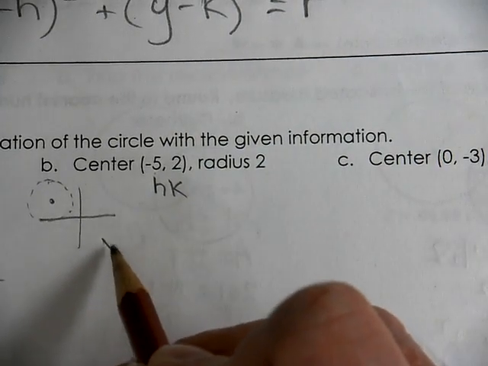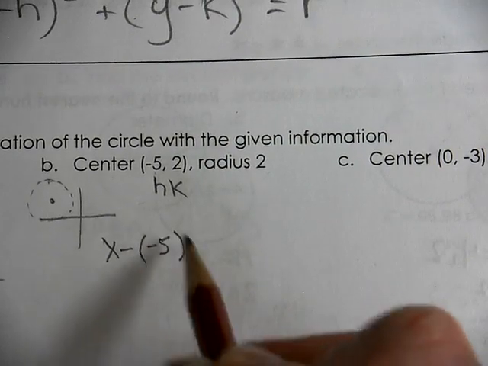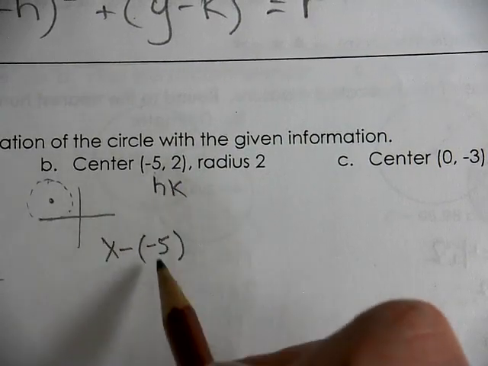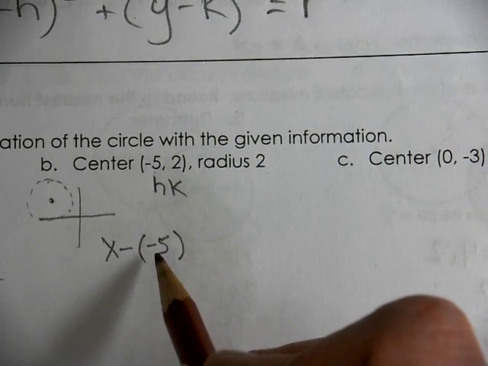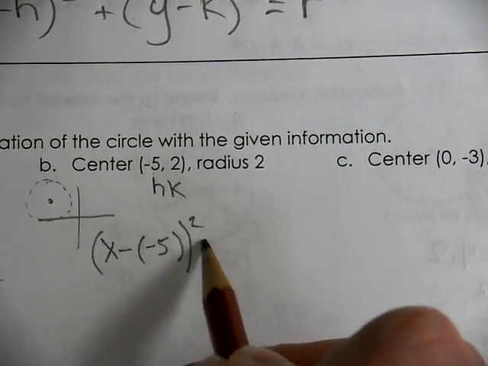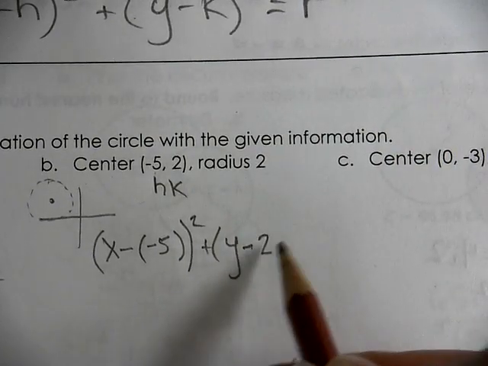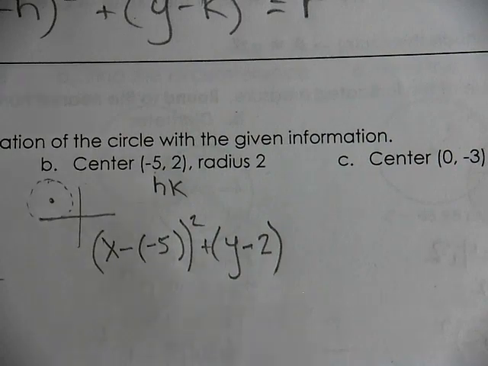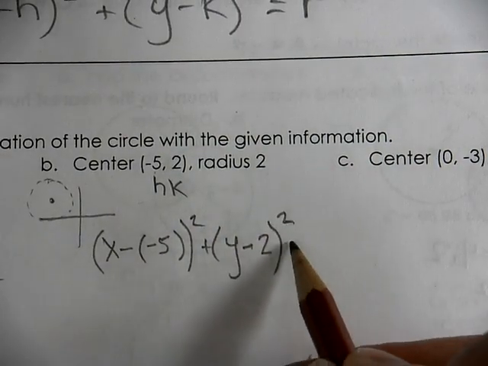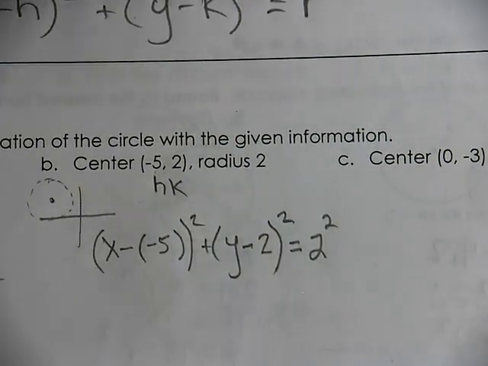So we're going to say x minus our h. Now notice what happens here. We have x minus a negative h value. So then we need that all to be in parentheses. Y minus a positive 2 squared equals the radius squared.